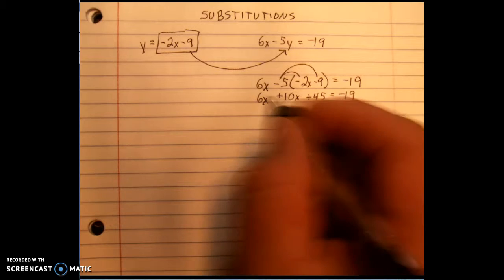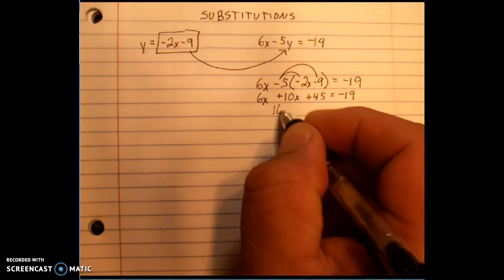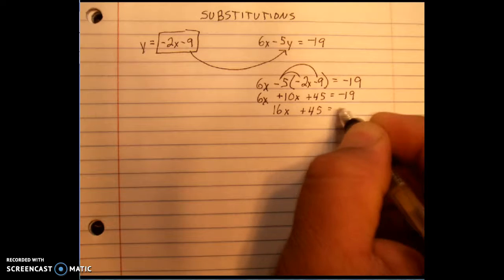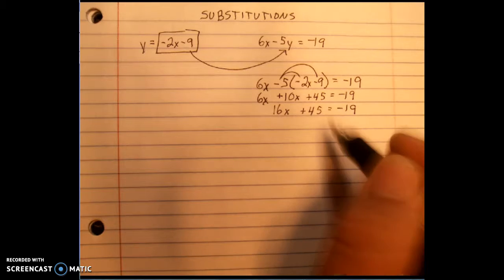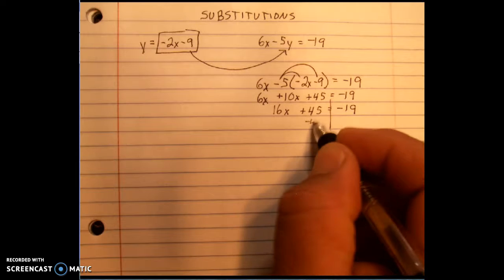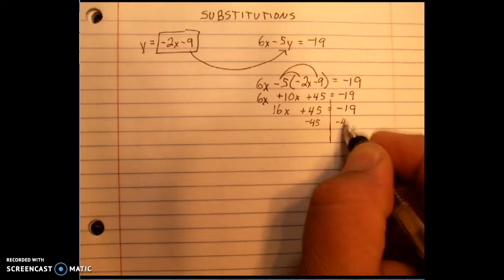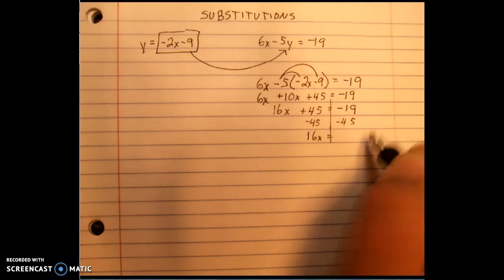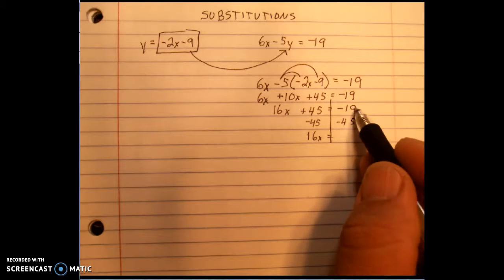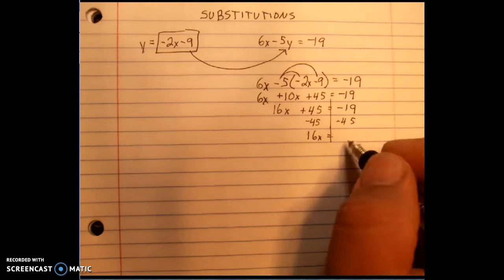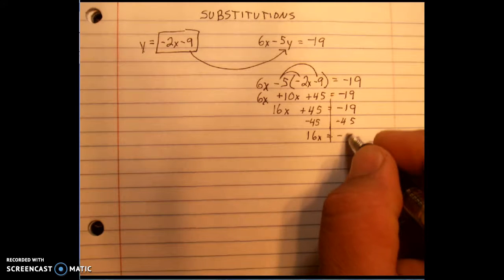I'm going to combine the 6x and the 10x into 16x plus 45 equals negative 19. I now want to get that x by itself. I'm going to subtract 45 from both sides. That leaves me 16x on the left, and negative 19 minus 45 is negative 64.